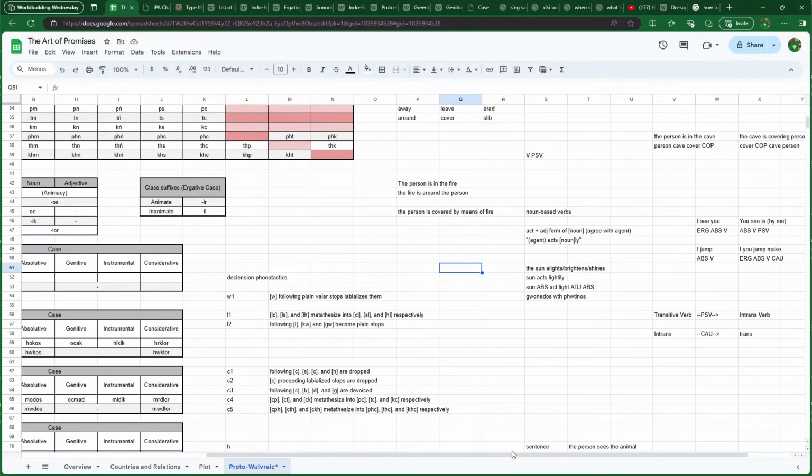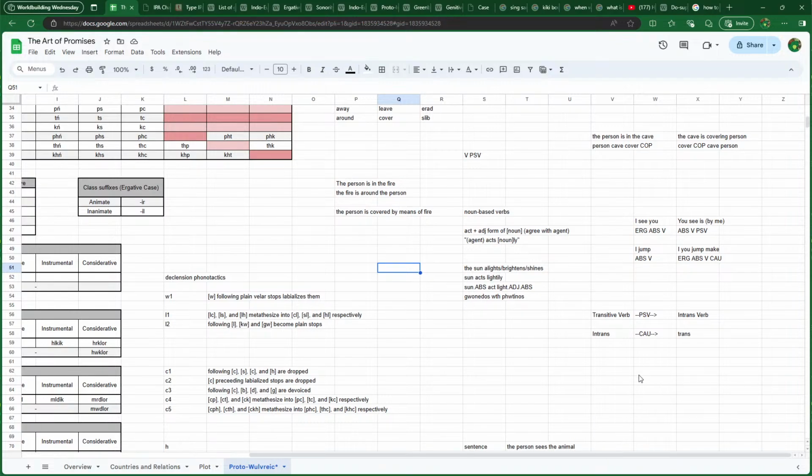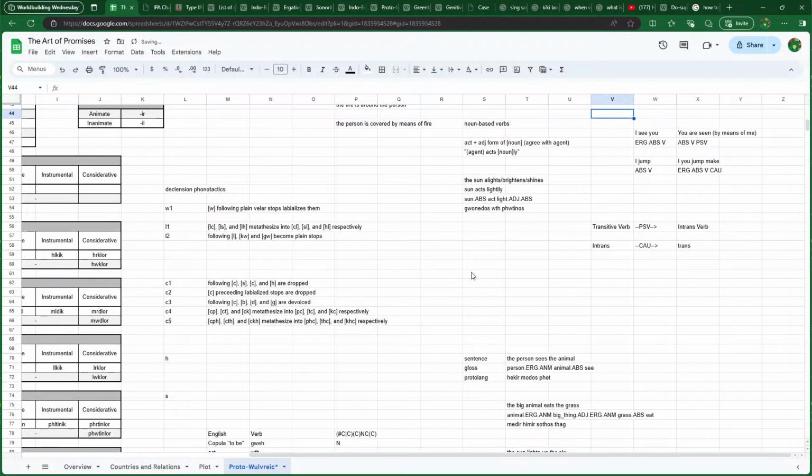Here's how this works. So we can take a transitive verb. So a subject, transitive verb, object, right?